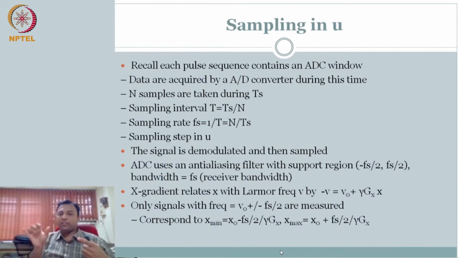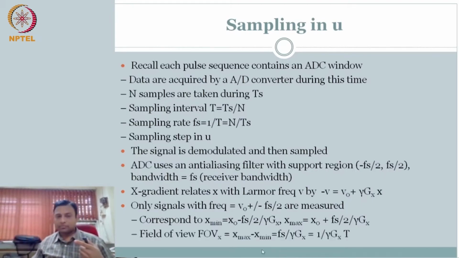If you call that the X direction, your image width is what? X max minus X min. The field of view in the X direction is X max minus X min, which, if you substitute this, is Fs by gamma Gx. This is nothing but 1 by gamma Gx. Oh, this we know. What is this?